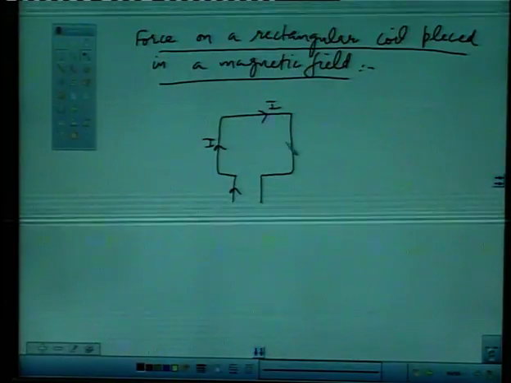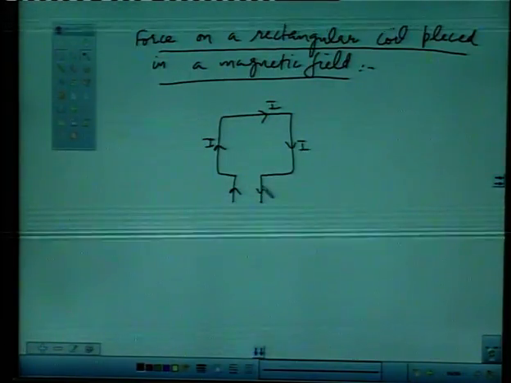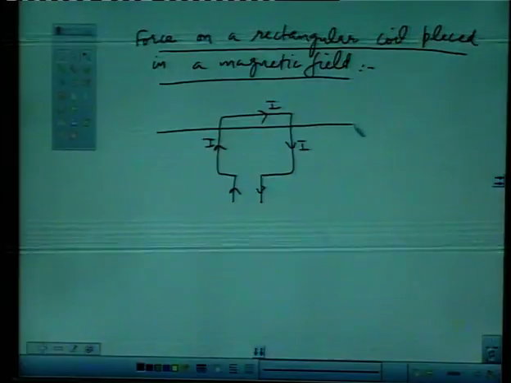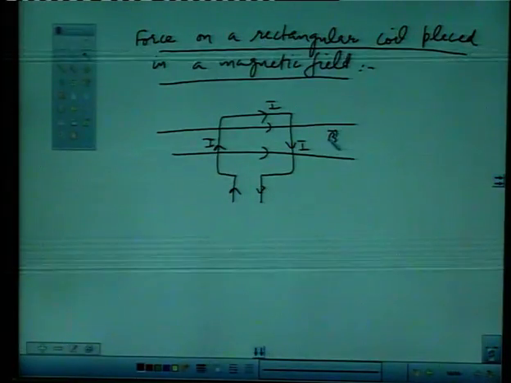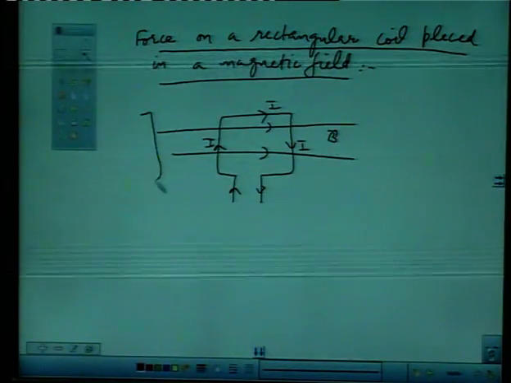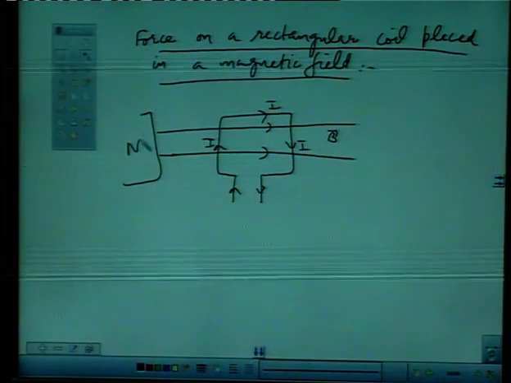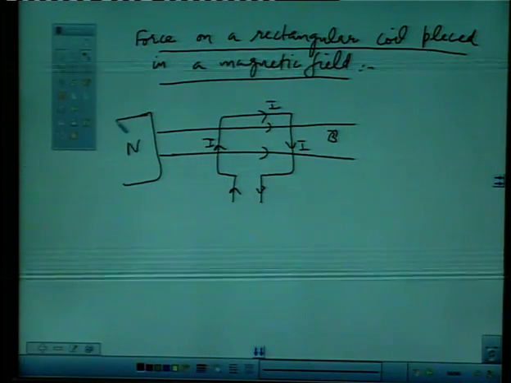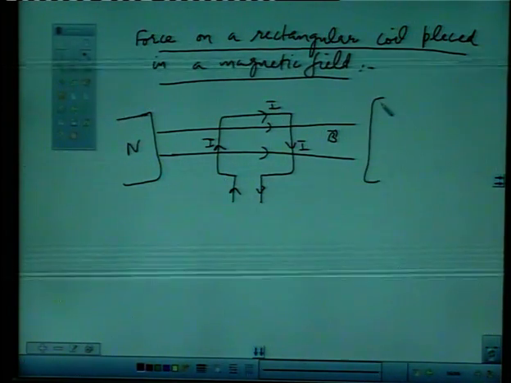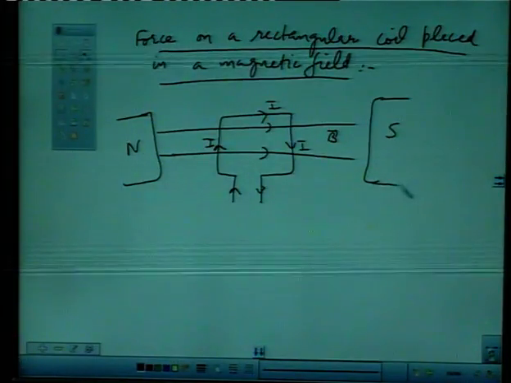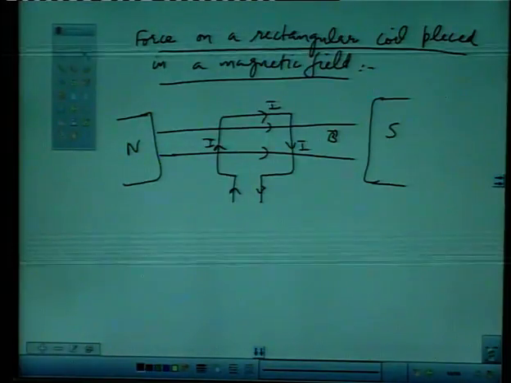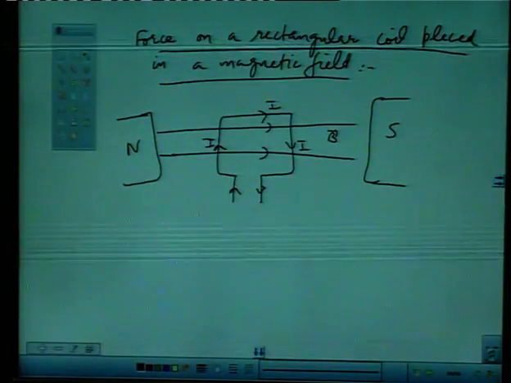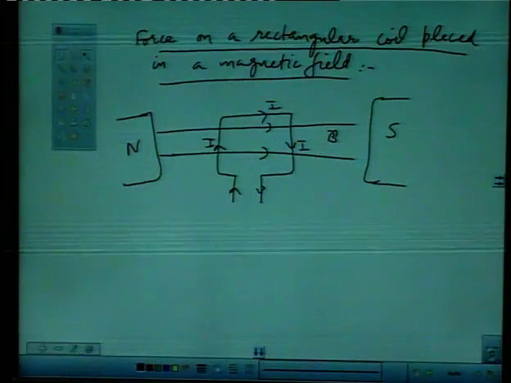This is the direction of current I, and it is kept inside a magnetic field. This is the direction of magnetic field. The magnetic field can be generated by putting two magnetic poles, north and south pole, and keeping this rectangular coil inside the magnetic field. The magnetic field's direction is from north pole to south pole.